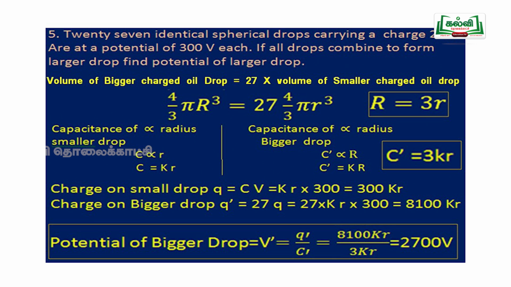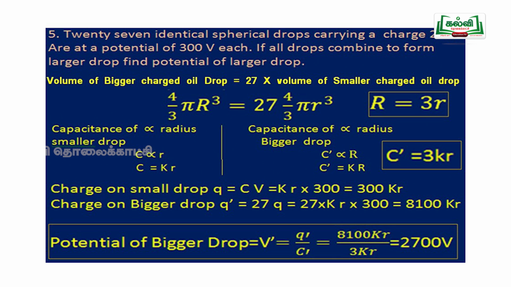I am comparing the capacitance of the smaller drop to the capacitance of the bigger drop. You can see that the radius of the bigger drop is equal to 3 times the radius of the smaller drop, so C dash is equal to 3 K r.